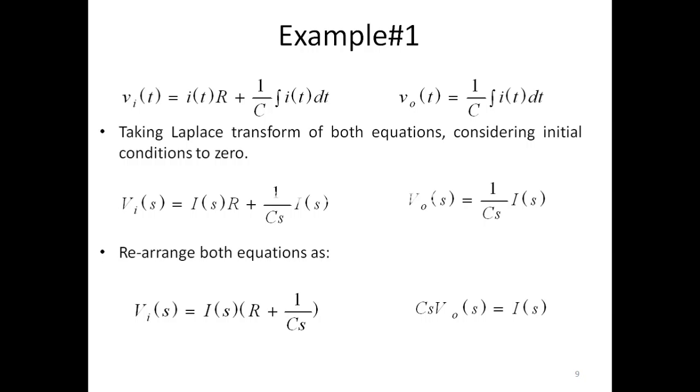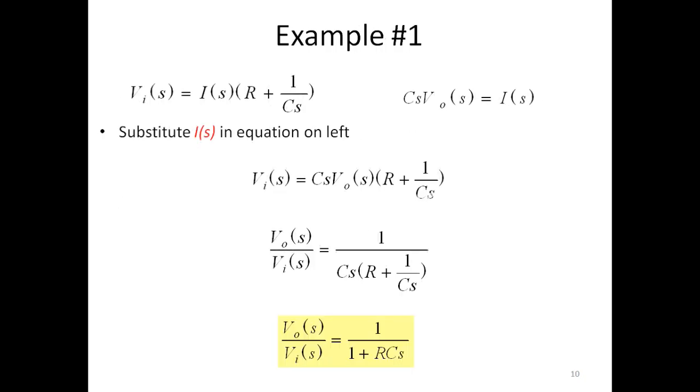Rearranging both the equations, on the input side we get Vi of s is equal to I of s, taking it common, into R plus 1 by Cs, and on the output side I of s is equal to capital C into S into V0 of s. Just by substituting I of s in the first equation, we can easily get the transfer function, which is V0 of s by Vi of s is equal to 1 upon 1 plus RCs.